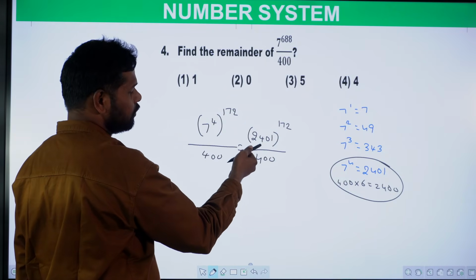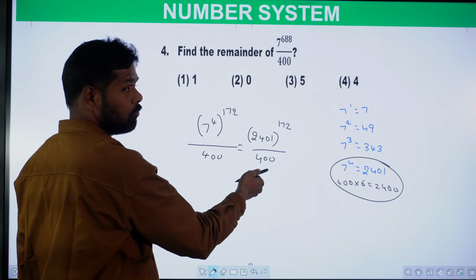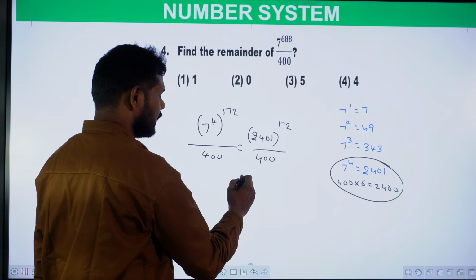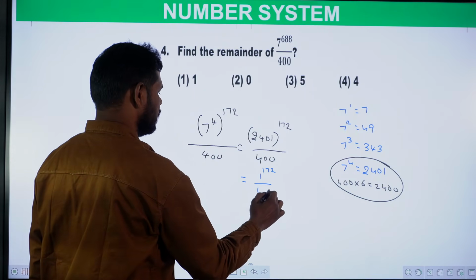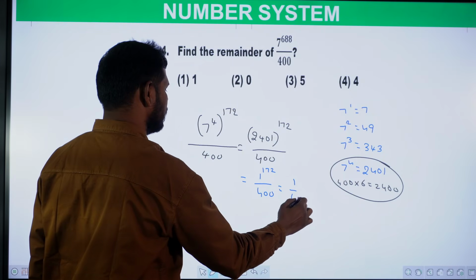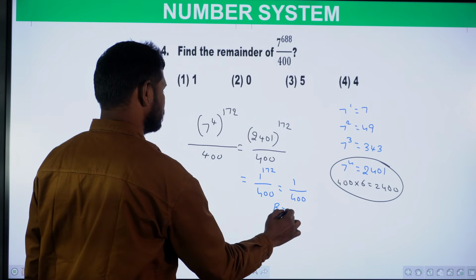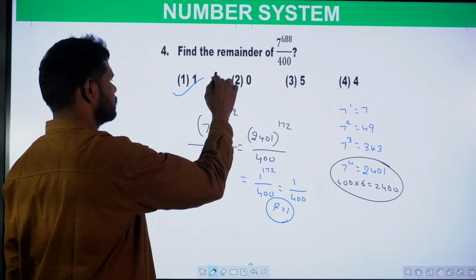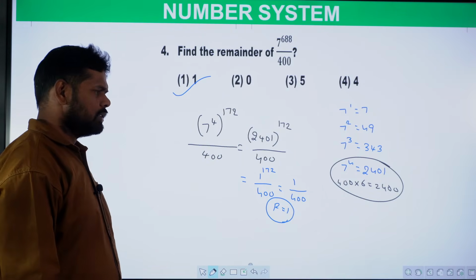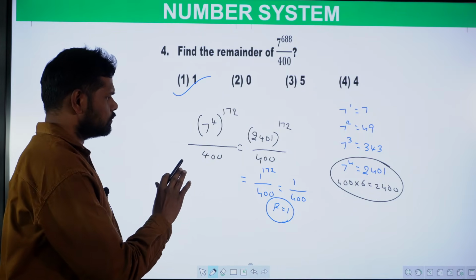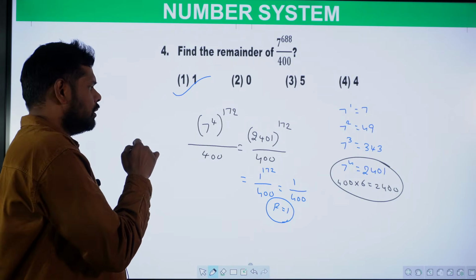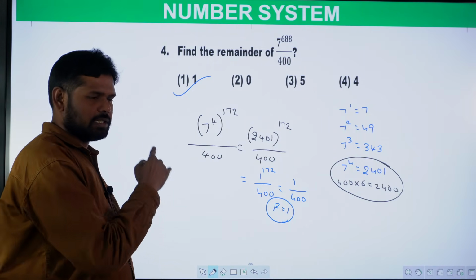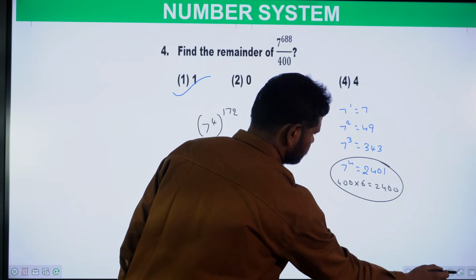After dividing 2401 by 400, remainder is 1, so 1 power 172 by 400, nothing but 1 by 400. What is the remainder? 1. That's it. Positive number. Very simple. Just observe the powers and the divisor, and convert to the nearest multiple of the divisor. That's it.